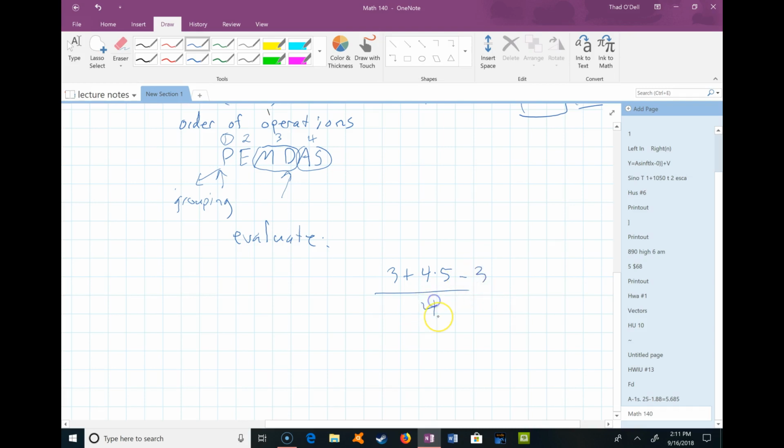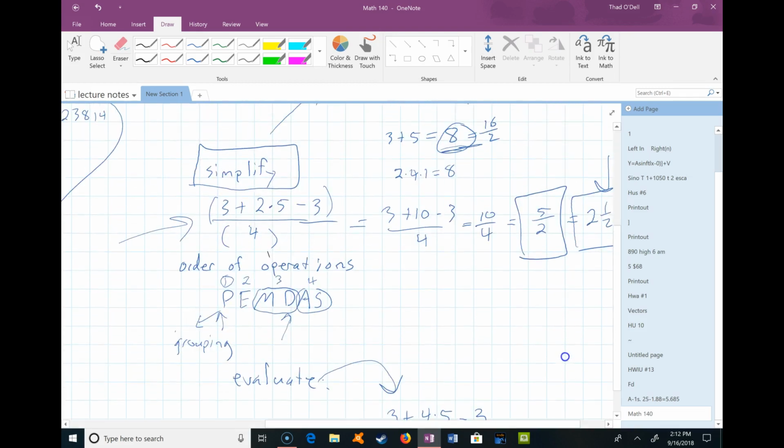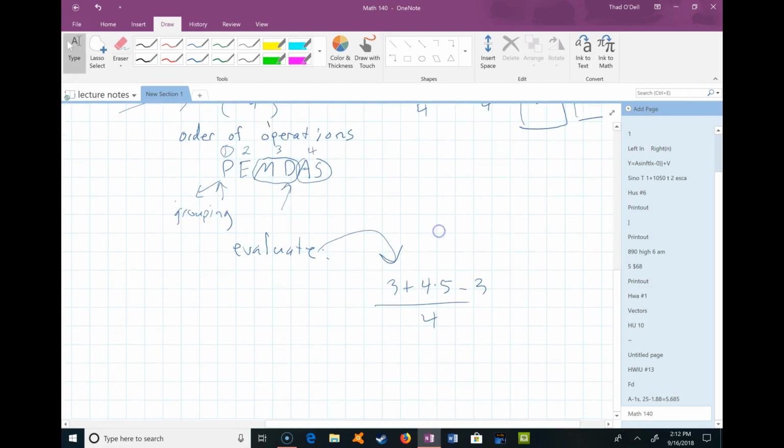Yeah, it was like that. That would mean that I need to come up with one number that represents the value of this expression. So essentially I would do the same thing I did up here, go through the same process, and I'd end up with 5/2. That would be evaluating it.